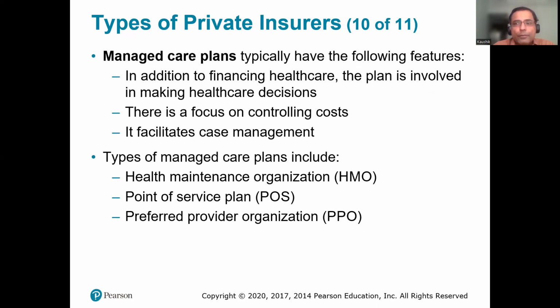Another type of private insurer is the managed care plan. In this case, the company not only provides finances for healthcare expenses, but they also engage with the customer to decide on their healthcare decisions as well as to control costs. Some of the typical types of managed care plans are HMO, POS, and PPO.